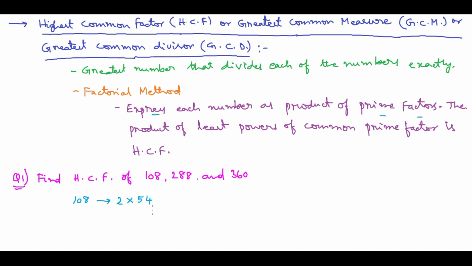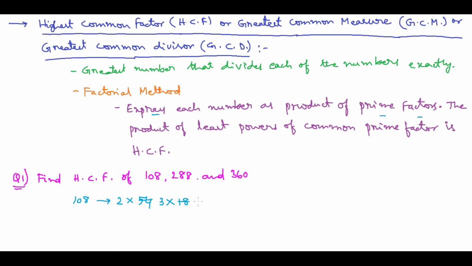Now the second prime number is 3. 54 will be divisible by 3, so this is 3 into 18.